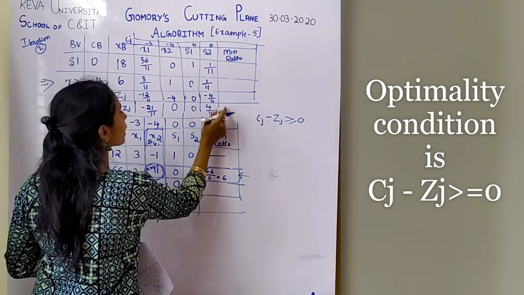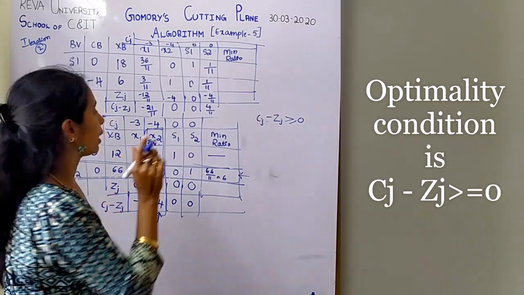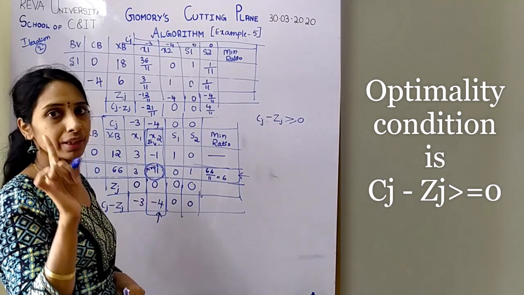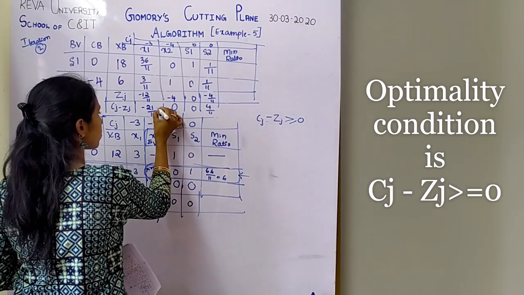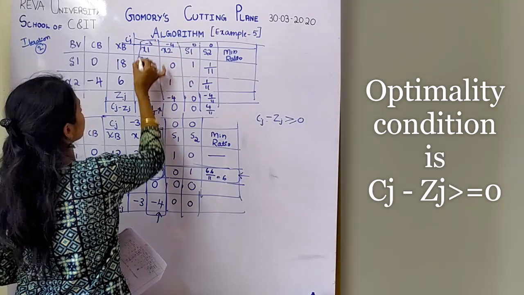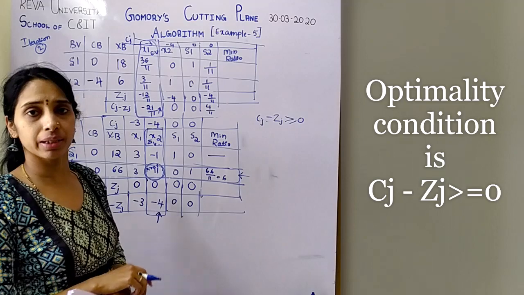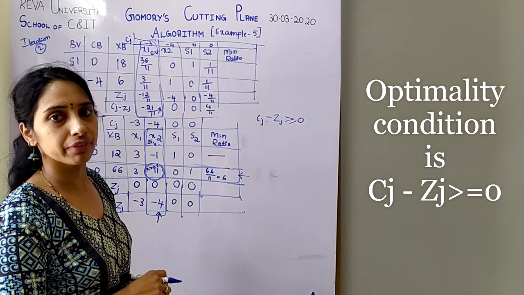The most negative among these will be considered as the entering variable. Since we have only one negative number here, this will be considered as the entering variable.